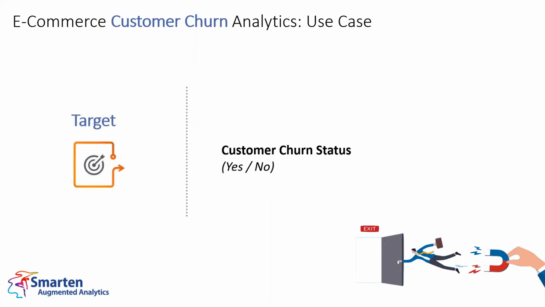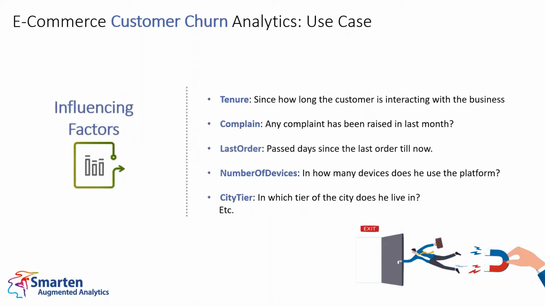Today's target variable is customer churn status, which is a binary target, simply yes or no. And the influencing factors are tenure, meaning since how long the customer is buying from your company; complaint, whether the customer has raised any complaint in the last month; last order, when the last order was placed by the customer; and number of devices, like how many devices they use to access the platform, such as a phone application or computer, or some other relative of that customer using that login.